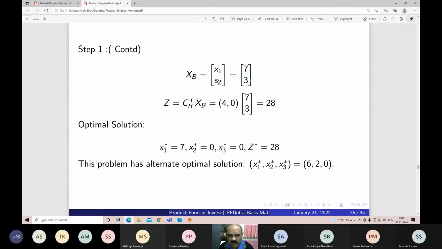What is the solution? In the first attempt, x1 is 7, x2 is 0, x3 is 0. That is a solution. In the second attempt we have got x1 equal to 6, x2 equal to 2, and x3 equal to 0. Another solution. The z is not changing. Since z is not changing, see our CV.